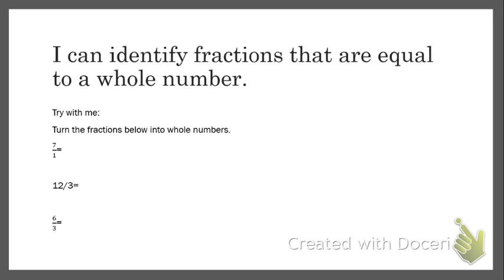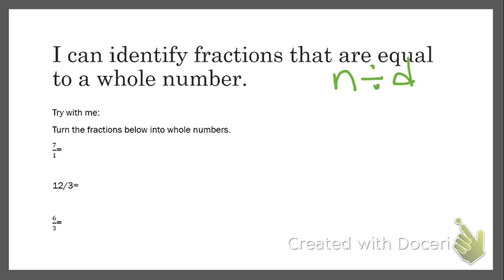So you guys are going to do the same thing, okay? You're going to try to turn these fractions into whole numbers. So the first one is 7 over 1. I simply am going to divide the numerator by the denominator, okay?